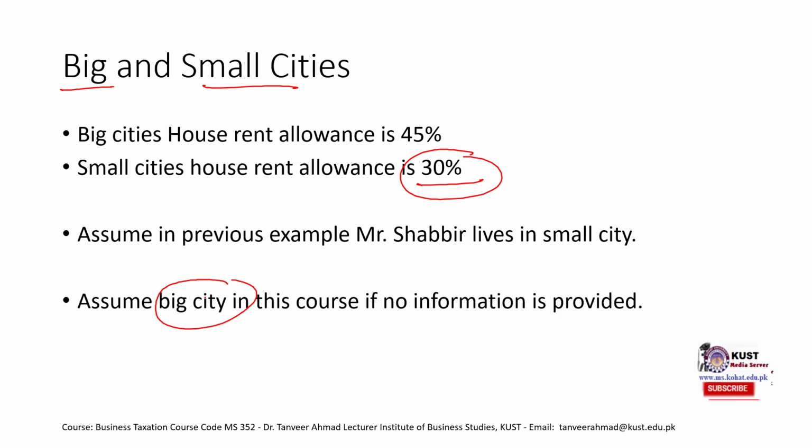So for the purpose of our video lectures, we would always assume that the employee belonged to a big city if it is not mentioned otherwise, right? If it is mentioned that the employee belonged to a small city, then we would consider 35%. Otherwise, we would always assume 45% for our lectures.